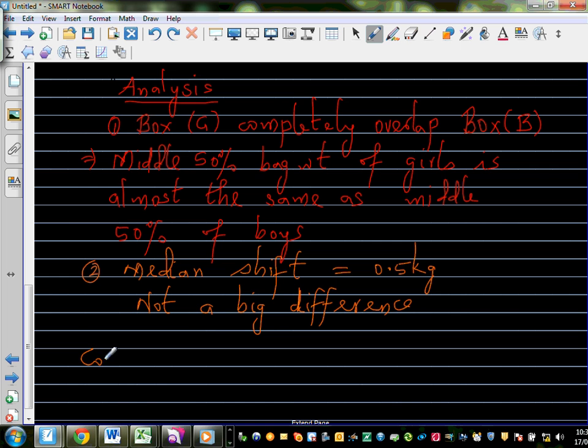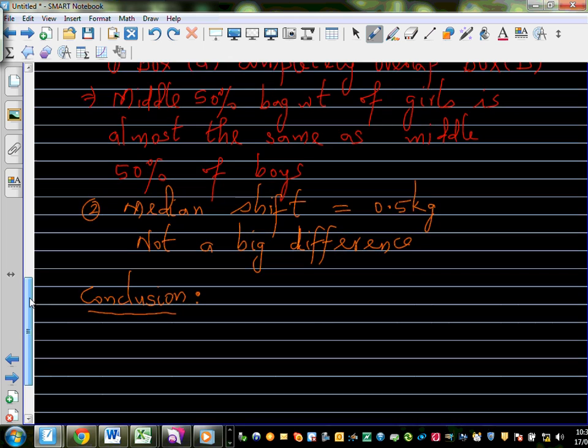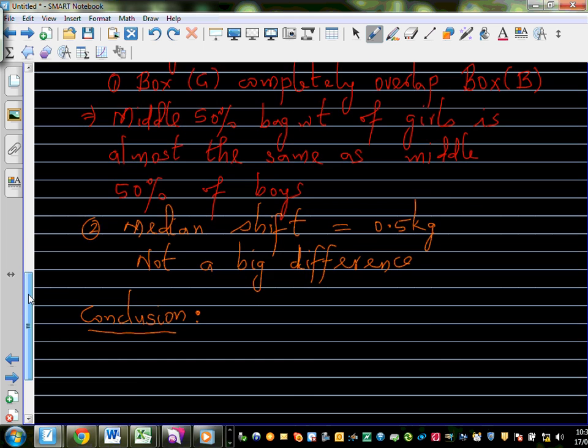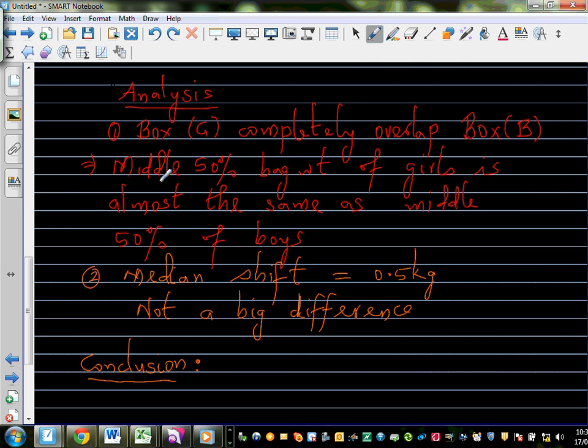So let us write the conclusion. This is my conclusion. Your conclusion can be different. If you are concluding differently than what I am concluding, that doesn't make you wrong, but whatever you're concluding should be based on some justification. So here my conclusion is, the middle 50% of girls' bag weight is almost the same as the middle 50% of boys, and the median shift is only half a kg.